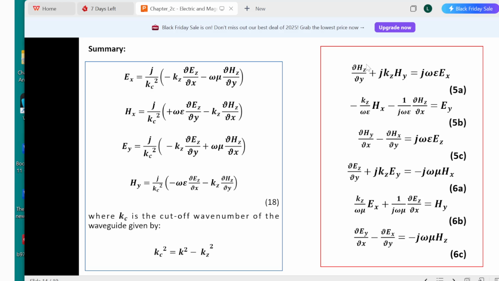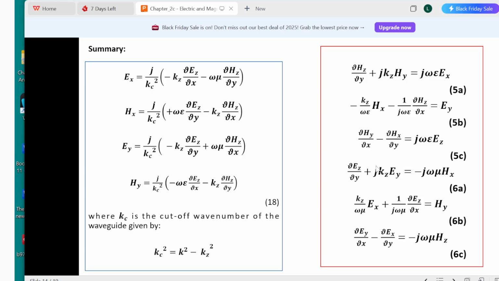If you substitute H of z with 0 here, then you will still get the equation, and this equation will be highly useful for you to further derive other parameters, say impedance, wave propagation constant, wave number, for example, and the same for E of z. You can do that.